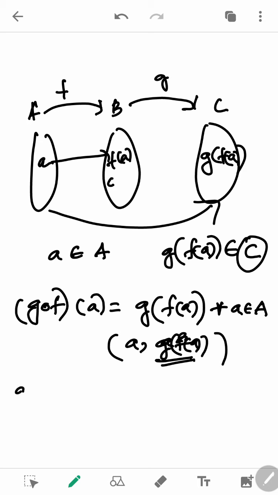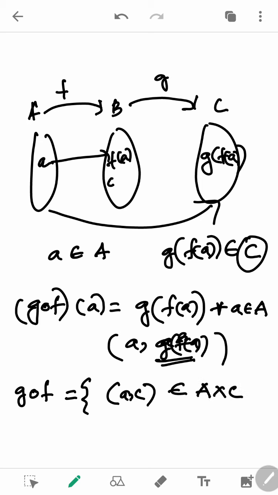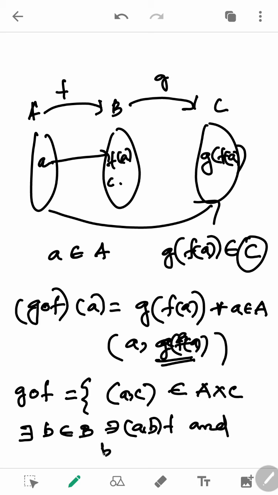So how can we write g composition f? G composition f is the set of all ordered pairs (a, c) belongs to A cross C, such that there exists b belongs to B such that (a, b) belongs to f and (b, c) belongs to g.